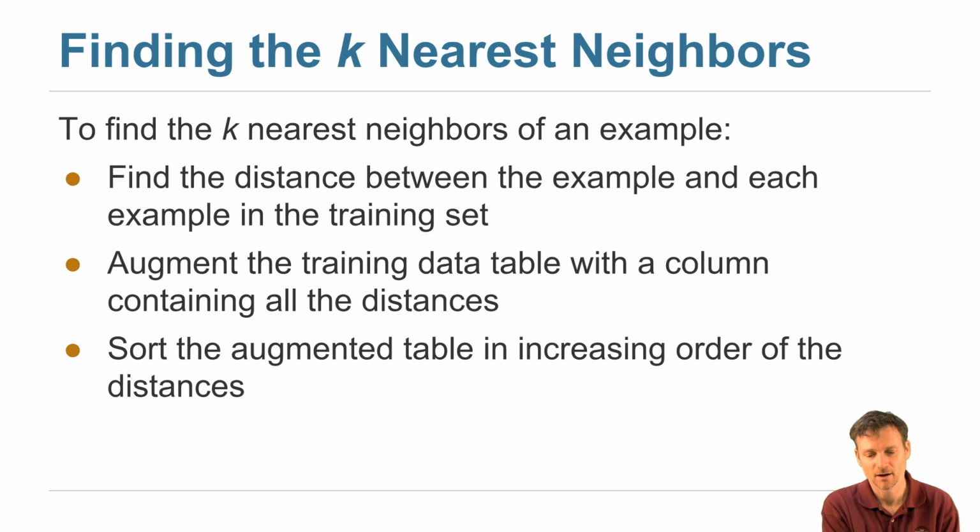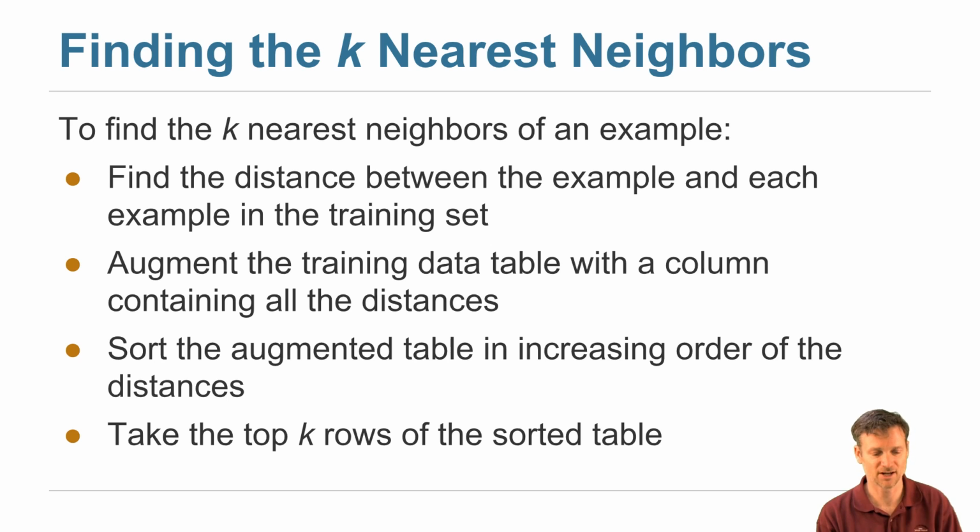That'll put the lowest distances at the top, meaning the most similar things in the training set will come to the top of the table. And if I want the k most similar, the k nearest, then I just take the first k ones in this sorted table.